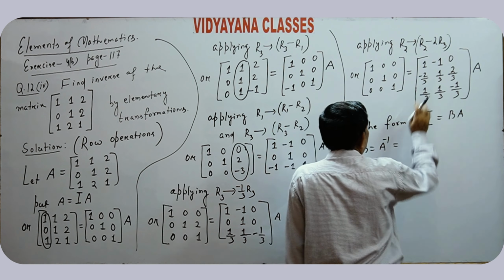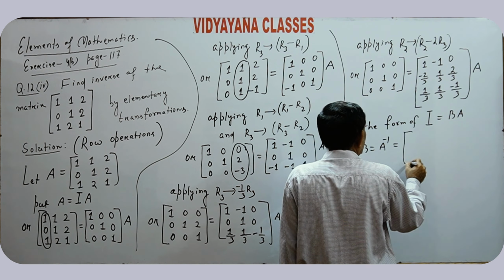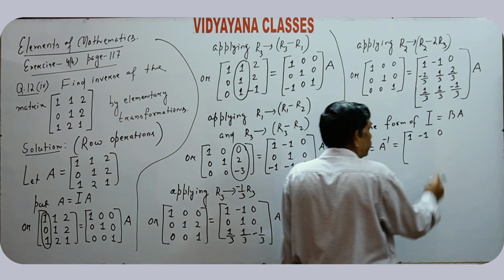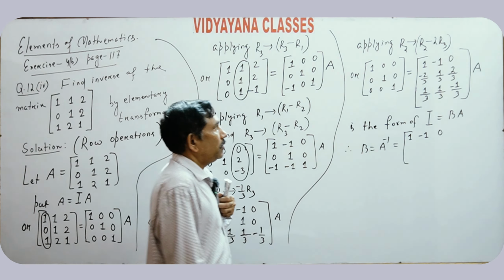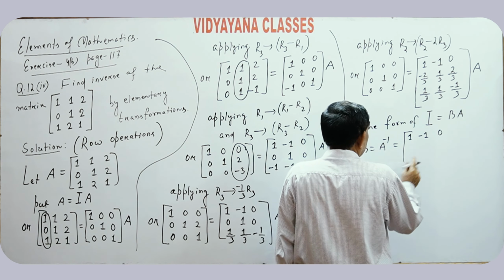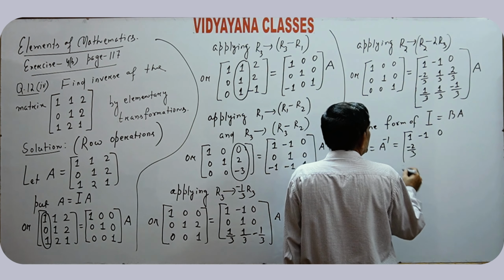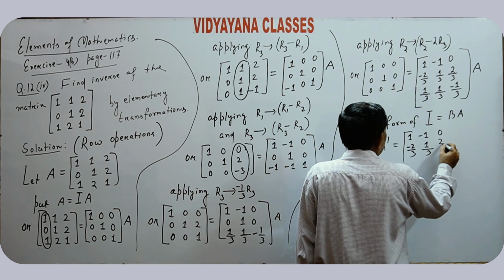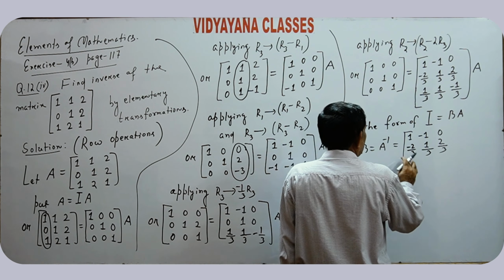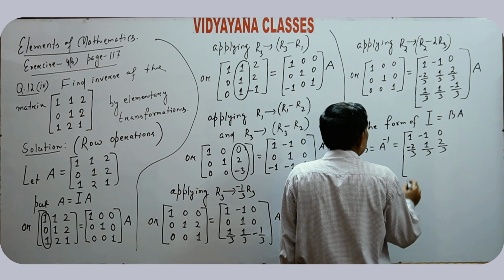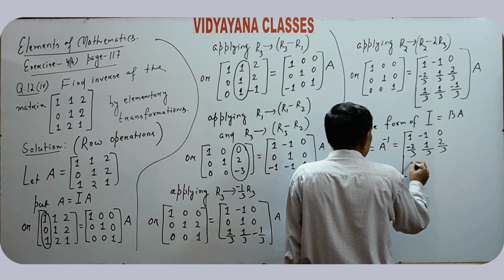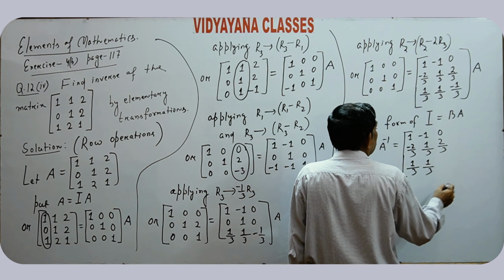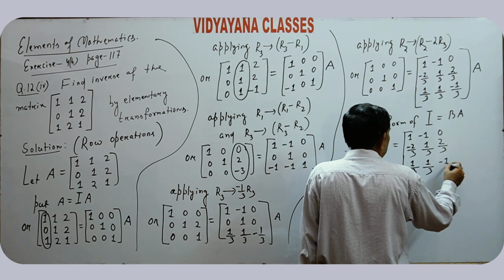B is given by 1, minus 1, 0, minus 2 by 3, 1 by 3, 2 by 3, 1 by 3, 1 by 3 and minus 1 by 3.